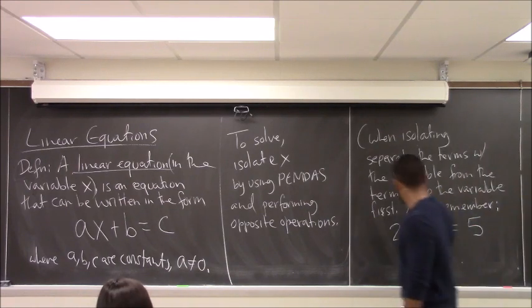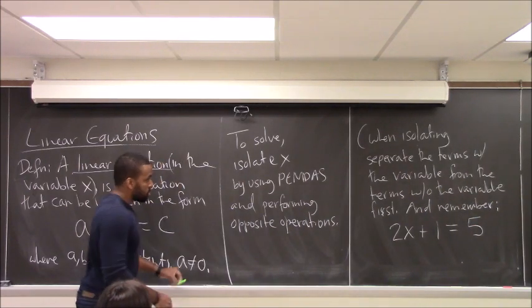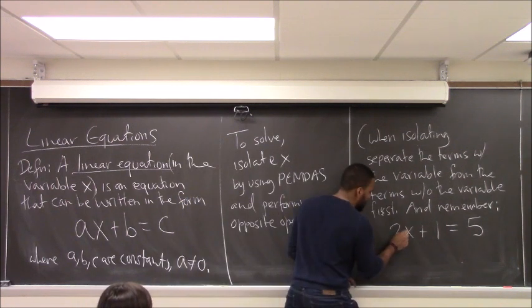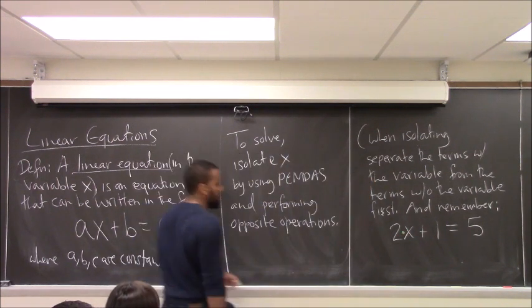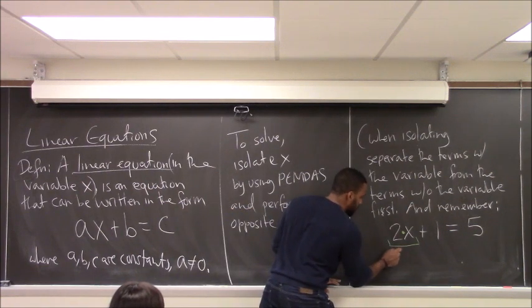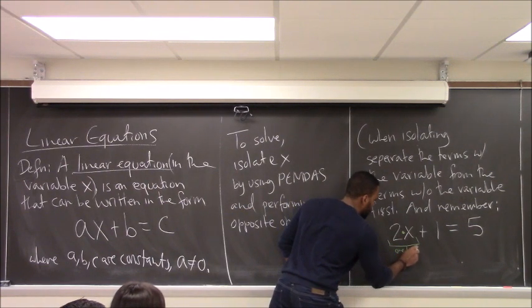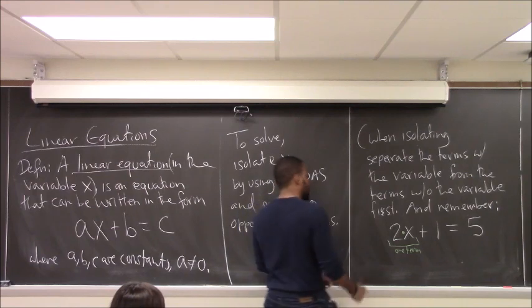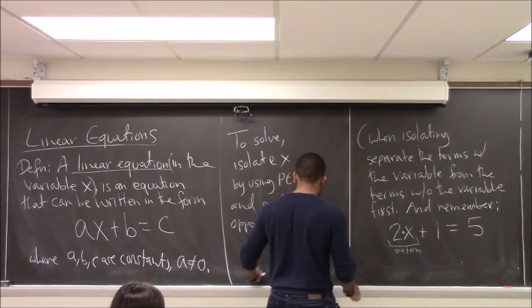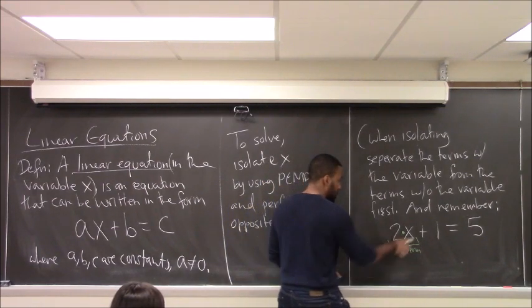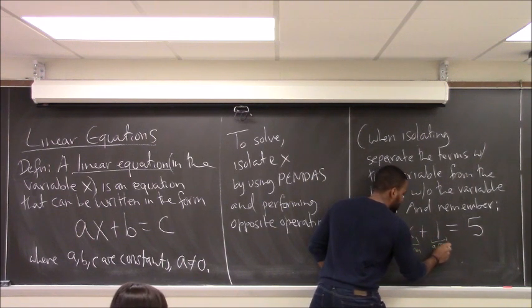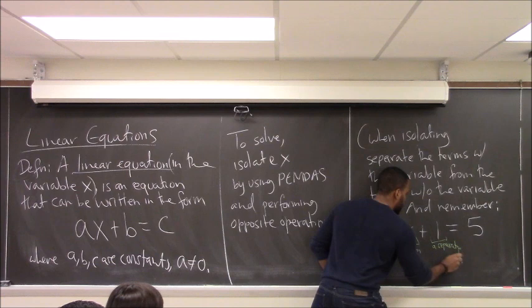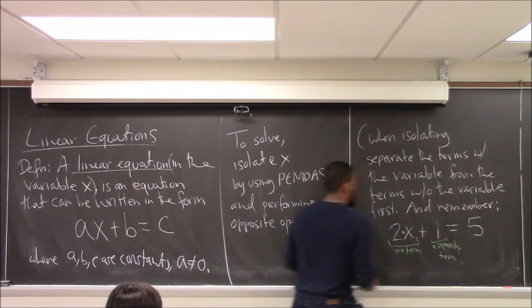What you would do here is, remember that multiplication and division, these are kind of a joining operation. So whenever I have two things multiplying, essentially I think of it as one thing, one term. Right? And addition and subtraction separate. So because there's a plus sign between these, I think of this as a separate term. Right?